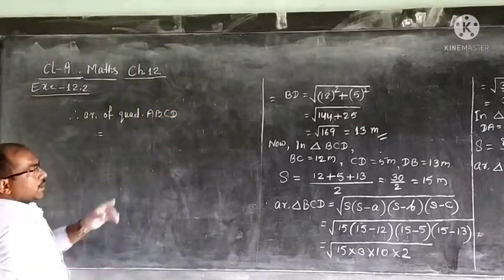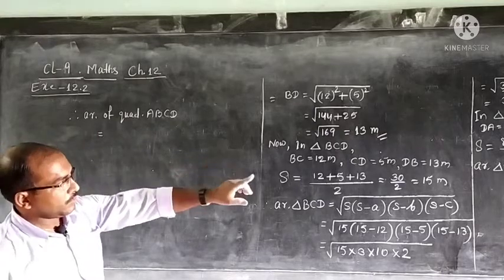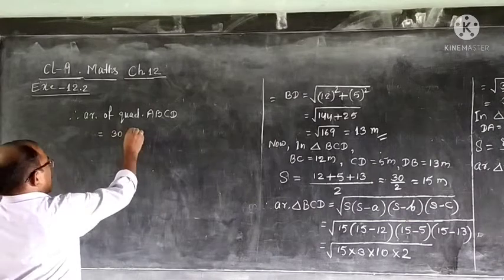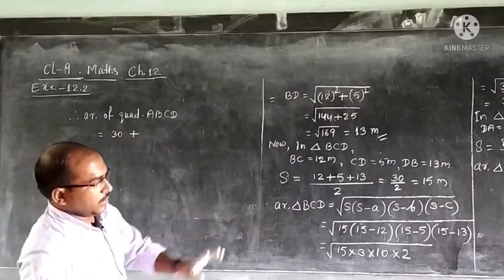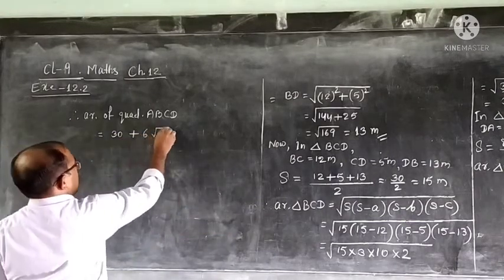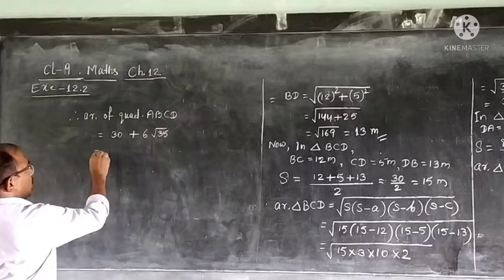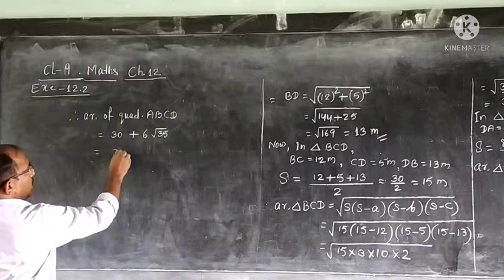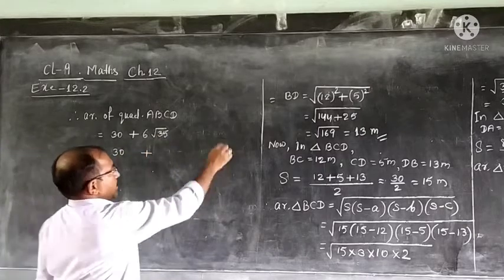What will be the area of the first triangle, that we calculated as 30 meter square, plus the area of the other triangle 6 root 35. Before adding, we need to calculate the square root of 35.